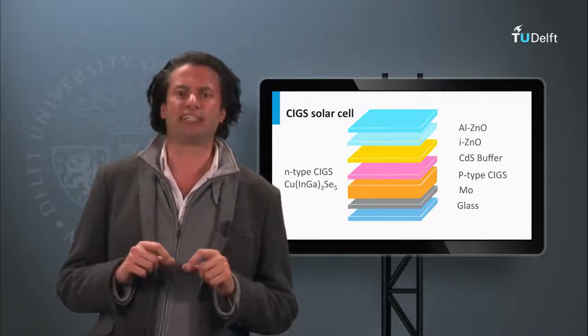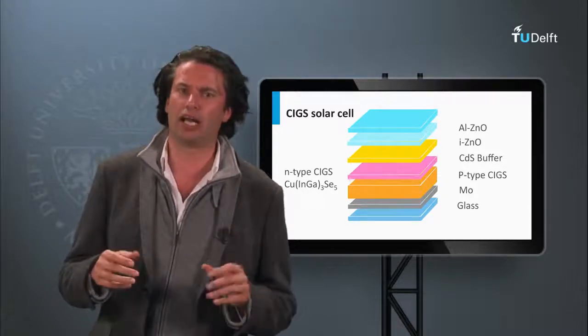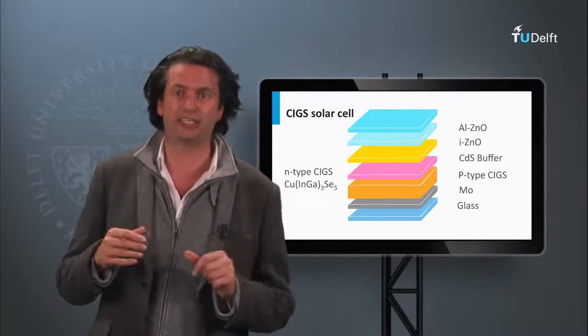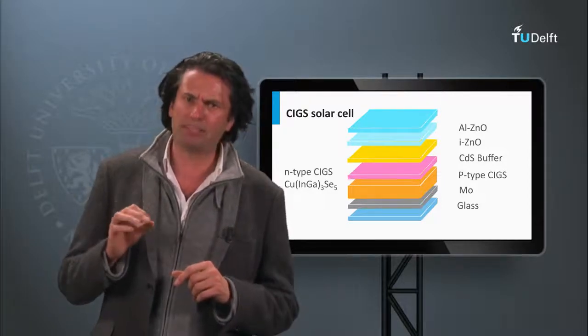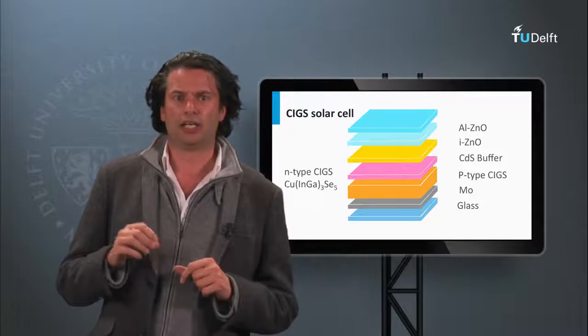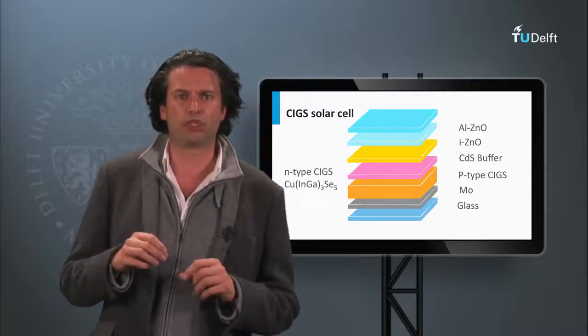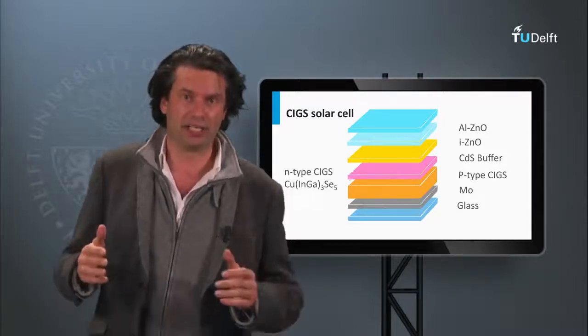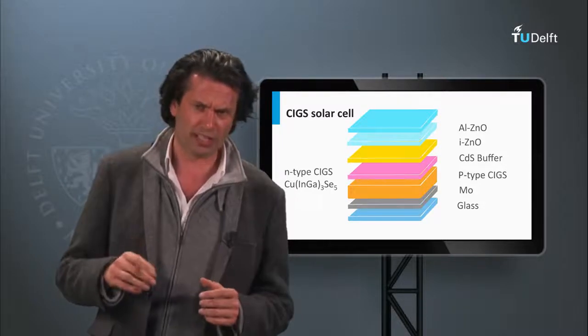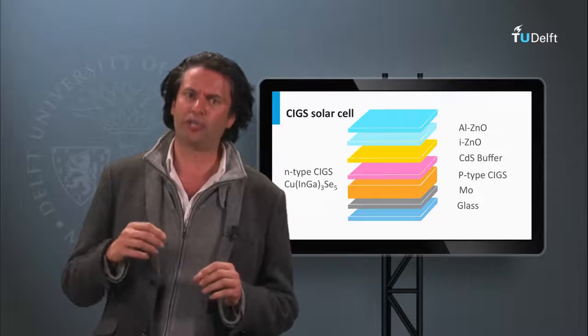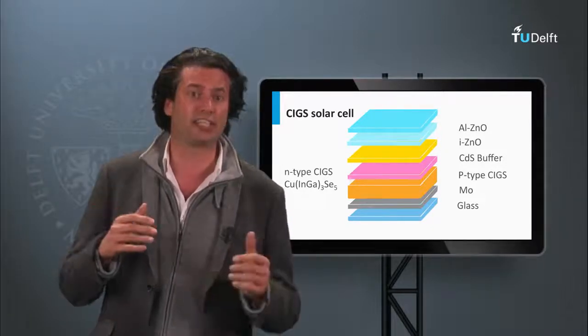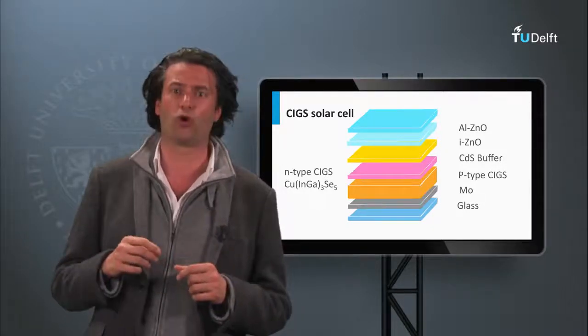The n-type CIGS is an indium-rich alloy like copper, indium, gallium 3, selenide 5. In copper-deficient p-type CIGS materials, the dominant recombination mechanism is Shockley-Read-Hall recombination in the bulk. In contrast, in copper-rich CIGS films, the Shockley-Read-Hall recombination at the CIGS cadmium sulfide interface becomes dominant.